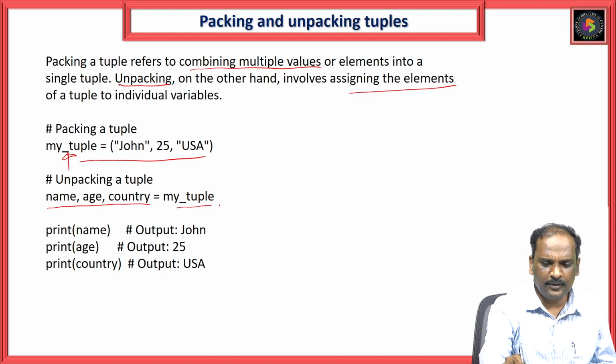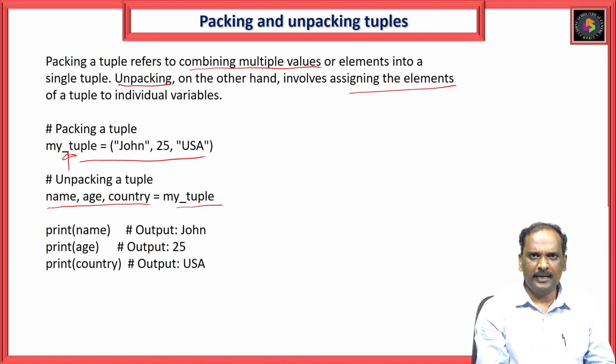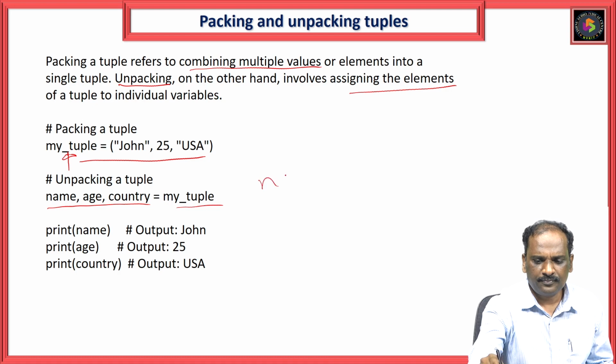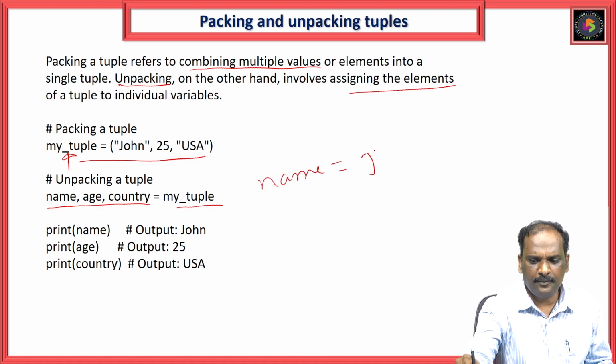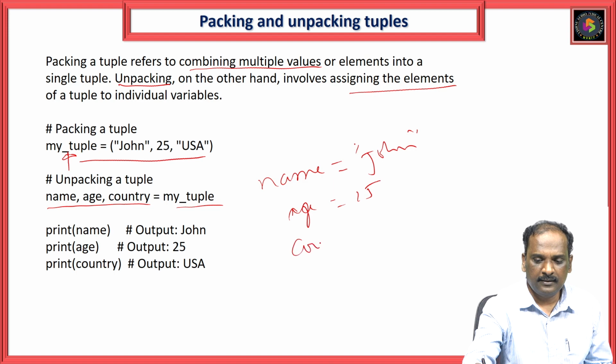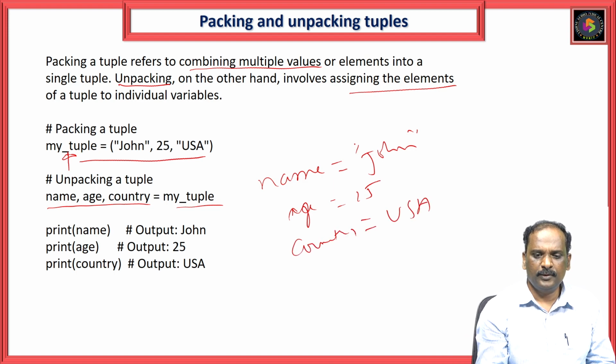On the right-hand side, you can observe that there is only one variable, my tuple. My tuple contains three values: John, 25 and USA. John is stored in name, 25 is stored in age, and USA is stored in the country variable.